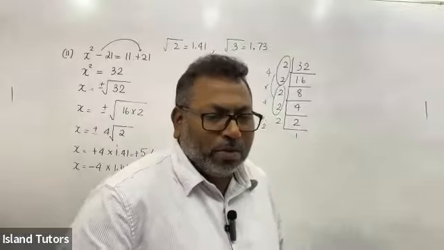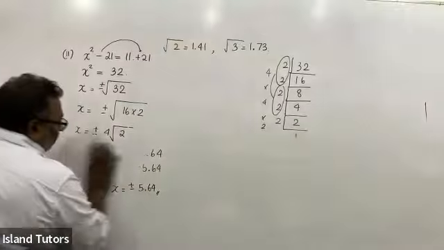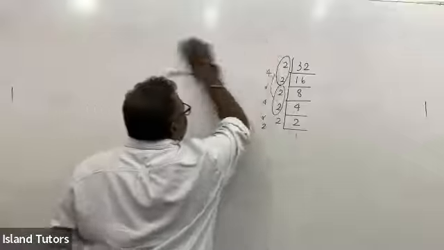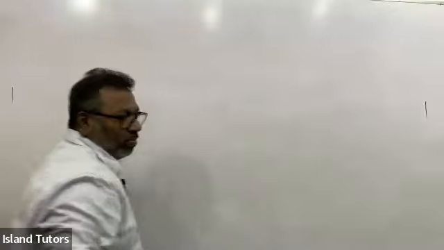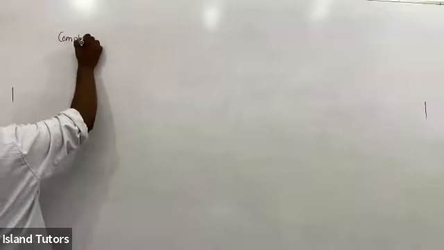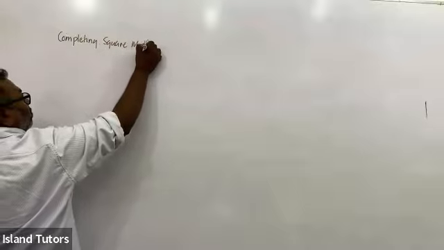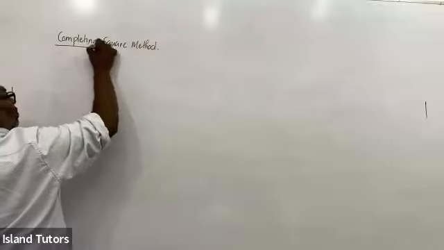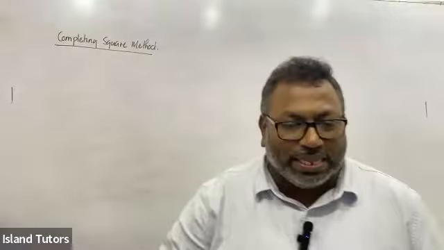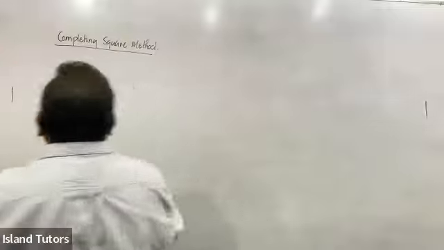All right. Solving quadratic equation by the completing square method. Okay, completing square method. Right, so look at that. It says x plus 3 whole thing square.